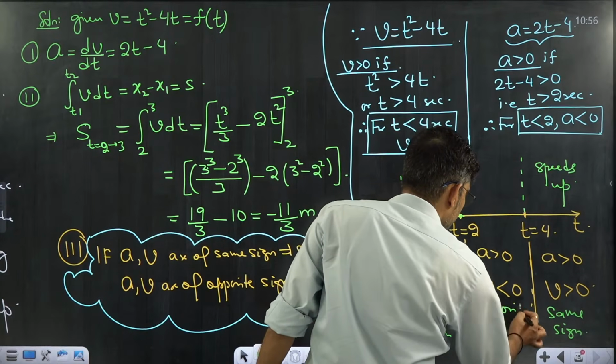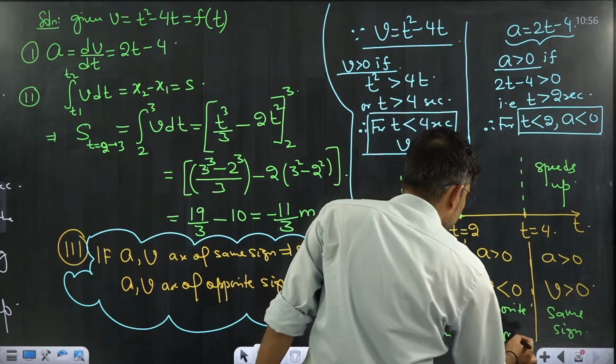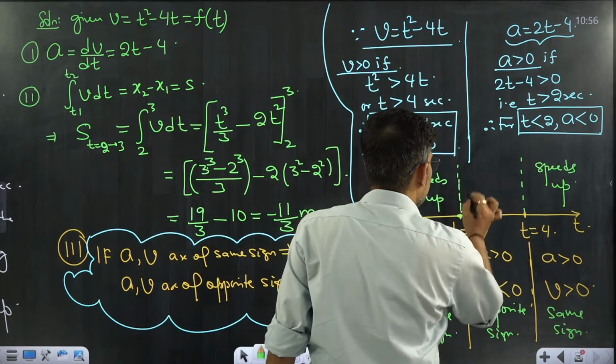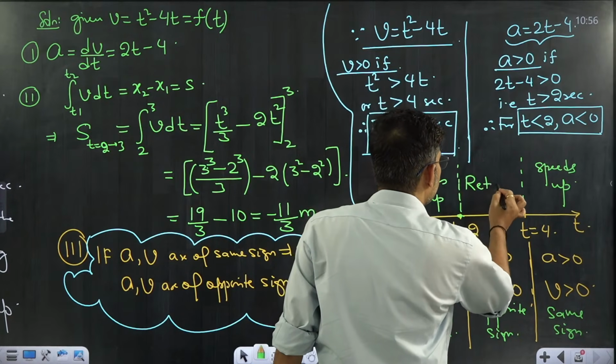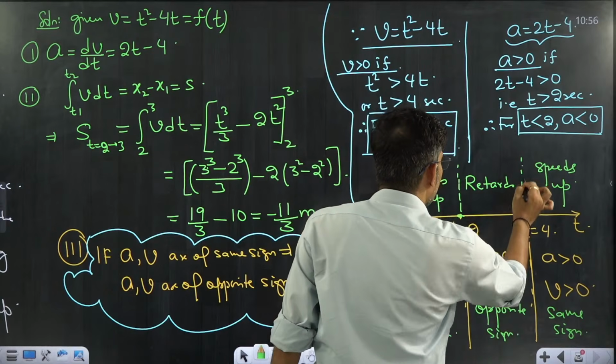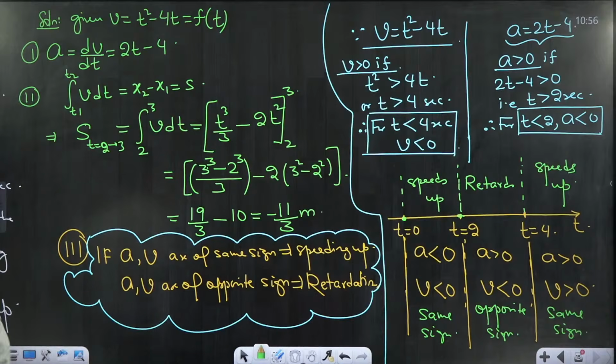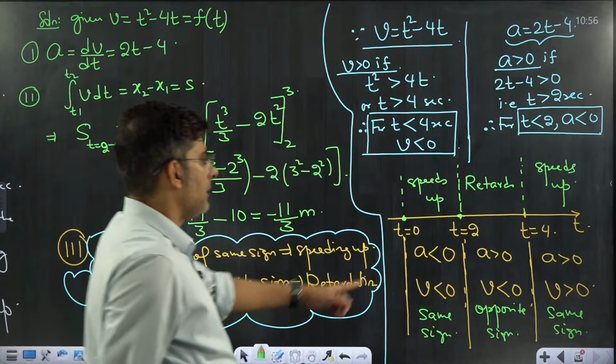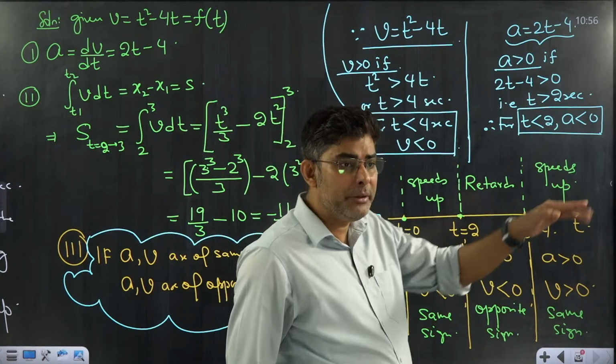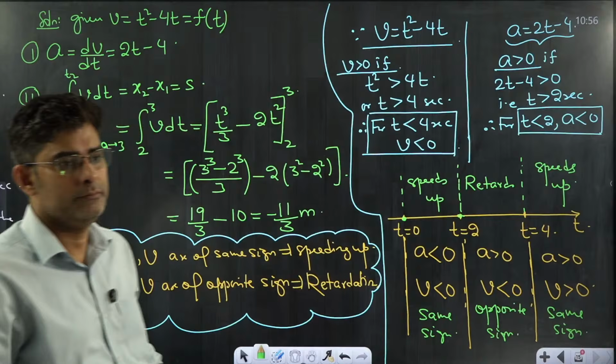If they are of opposite sign, that means here it retards. So if they ask which is the interval, yes, less than 2 seconds and greater than 4 seconds, the particle is speeding up, its speed is increasing, whereas in between 2 seconds and 4 seconds the particle is retarding, that is, its speed is getting lesser.